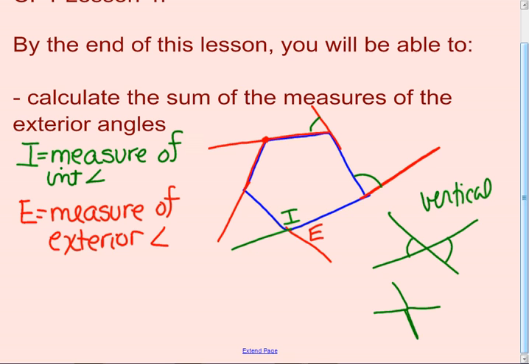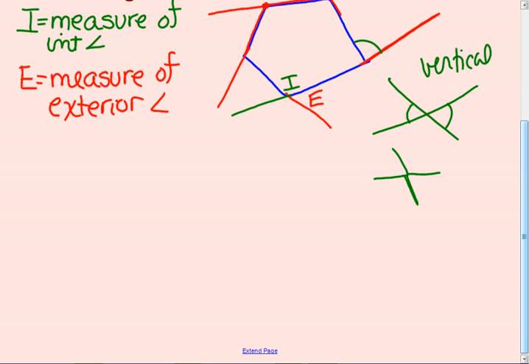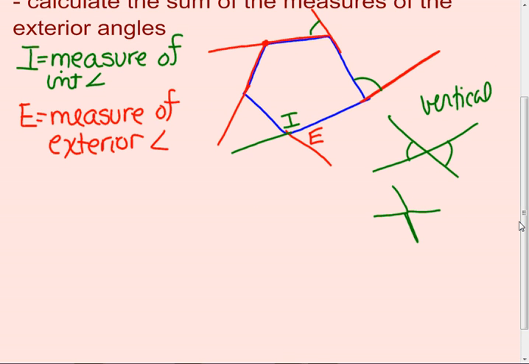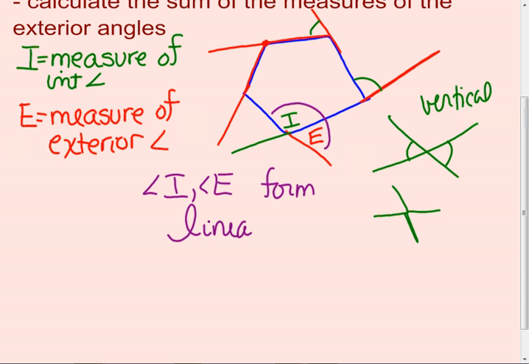There's also something else that's interesting about the measure of the exterior angle and the measure of the interior angle. They form what? A linear pair. So I and E, I should put angle signs in there, form a linear pair. And what we learn in geometry is how to think deductively.